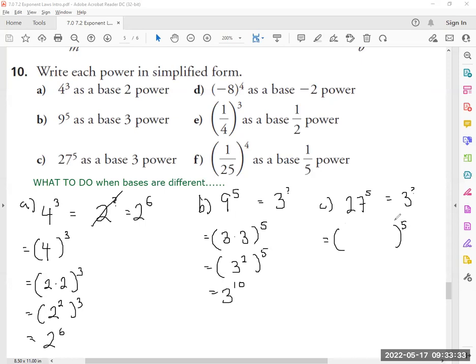It would be 3 times 3, which is 9, times 3. 9 times 3 is 27. So suddenly your multiplication tables become really useful. So I can rewrite this as 3 to the power of 3, to the power of 5.